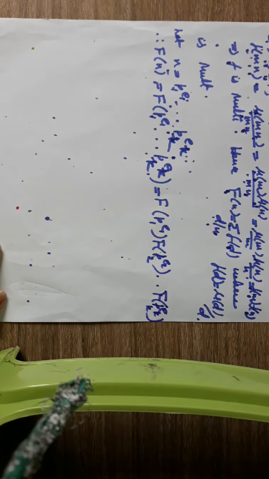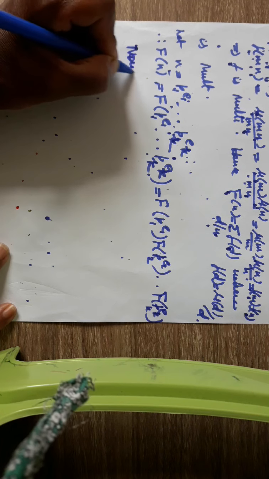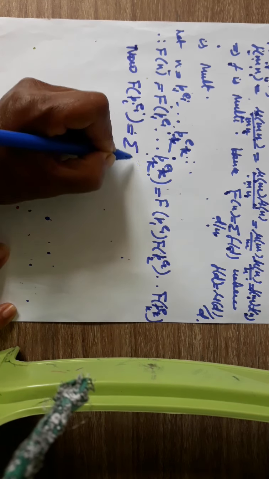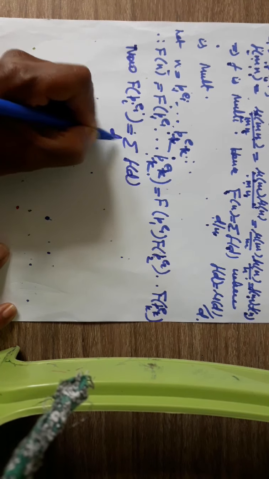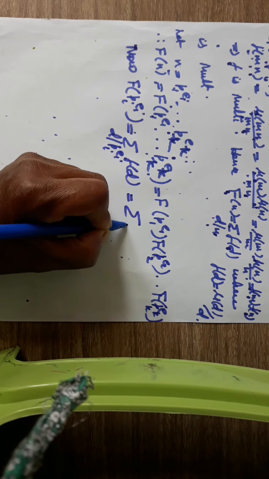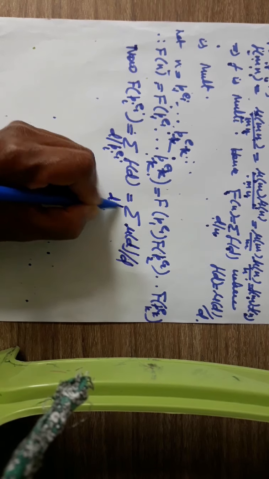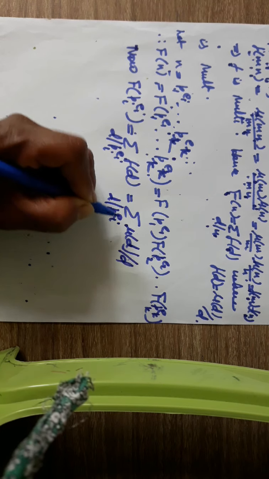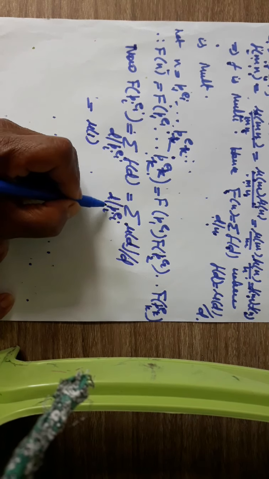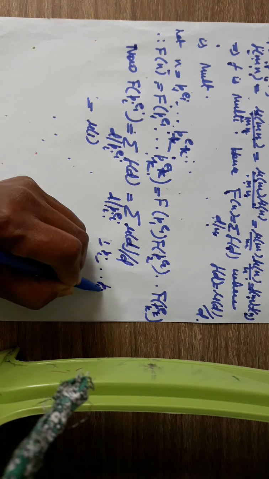Now let us find F of pi to the power ei, which is equal to the summation of f of d, where d runs over the divisors of pi to the power ei, which is defined as the summation of mu of d divided by d, where d runs over the divisors of pi to the power ei. And the divisors of pi to the power ei are 1, pi, and so on up to pi to the power ei.